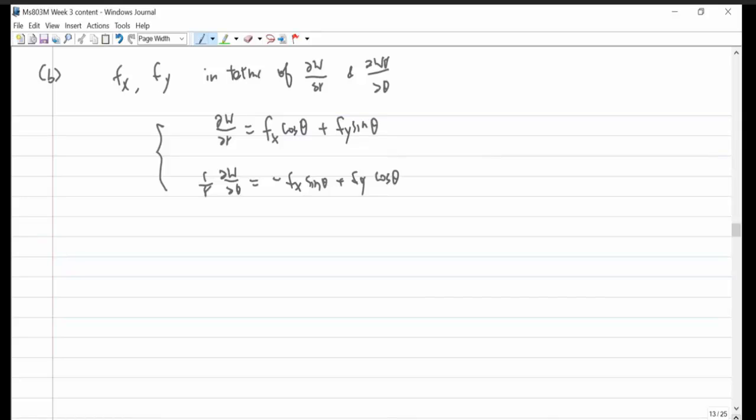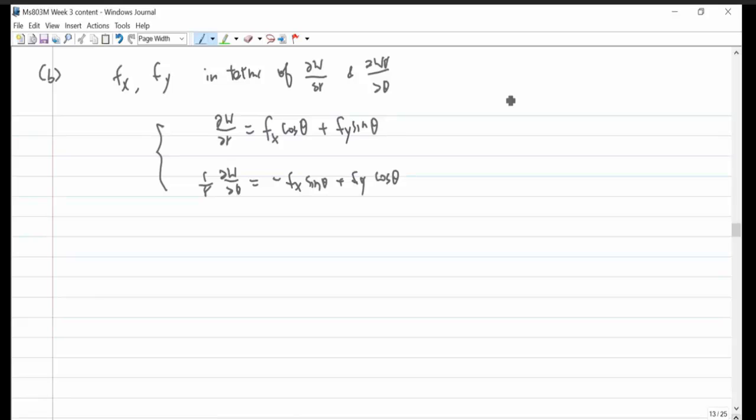I think you will get one of the fx. You can do the same thing with multiplication: first equation times sine, second equation times cosine, then you get what you want. This is one possibility. I'll leave it to you to solve this equation.